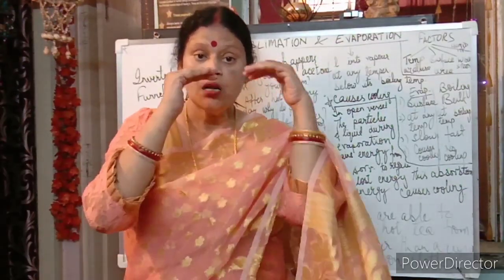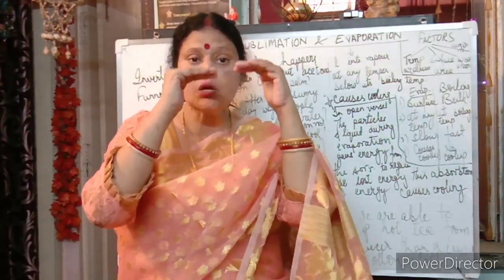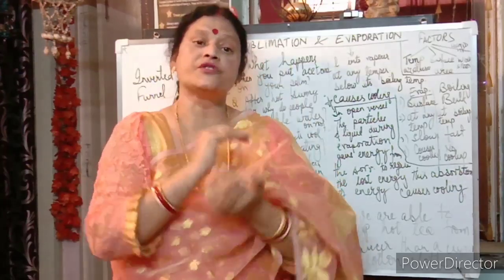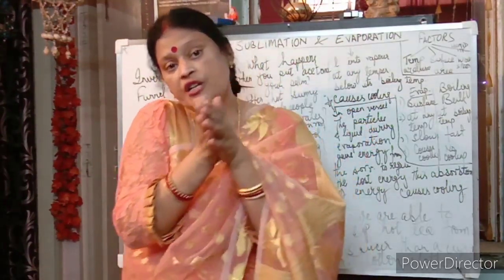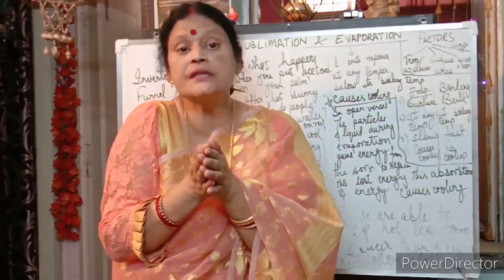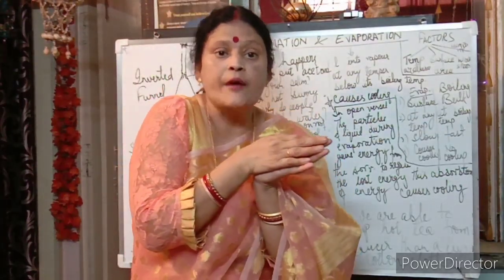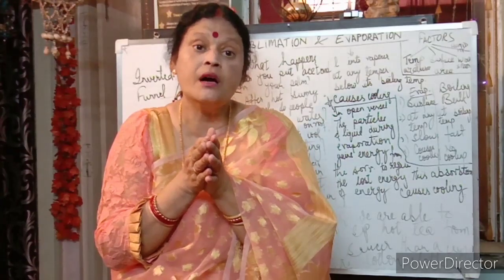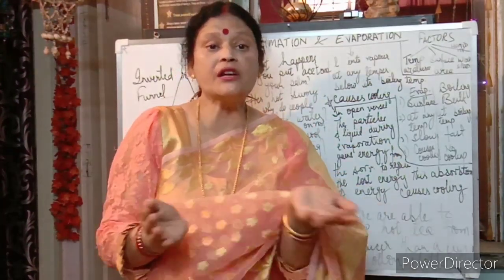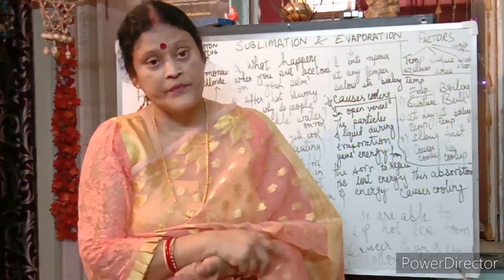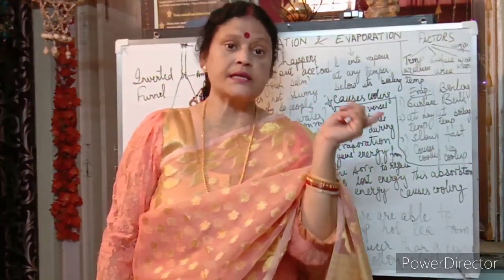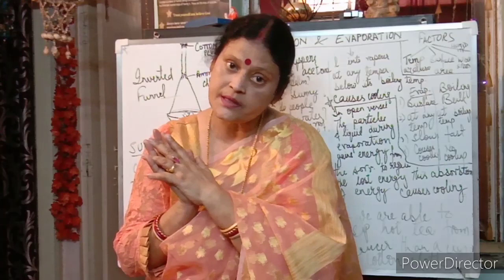And in evaporation, the surface particles slowly convert into gas. So what is the difference between evaporation and boiling? Evaporation is a surface phenomenon and boiling is a bulk phenomenon. In boiling, all the bulk of the particles take part during this process. Evaporation is a slow process, boiling is a fast process.